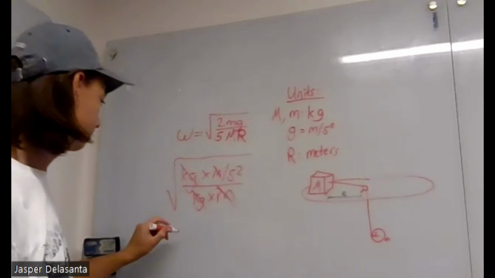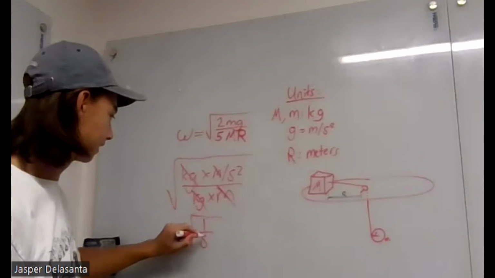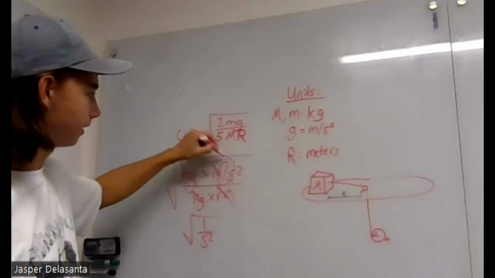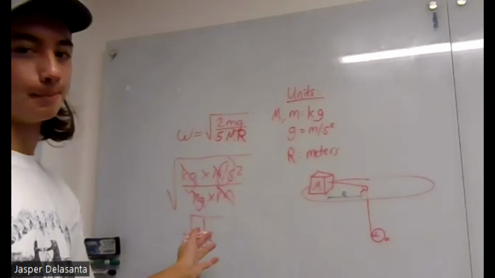Cancel out our meters, and we'll be left with the square root of 1 over second squared. Because remember, we have a divider on top, so that means that second squared is actually on the bottom.